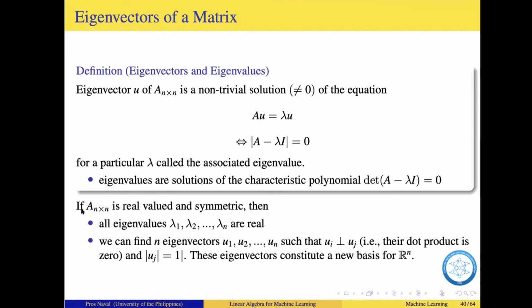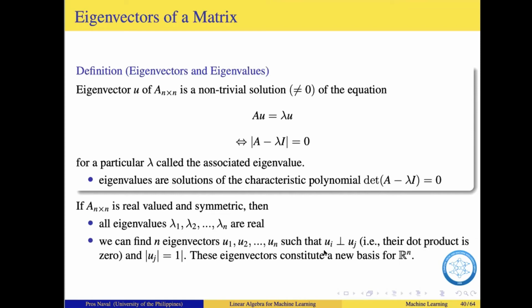If your n by n matrix is real and symmetric, then all eigenvalues lambda 1 up to lambda n are real. Also, we can find n eigenvectors u1 up to un such that the eigenvectors are mutually orthogonal to each other.